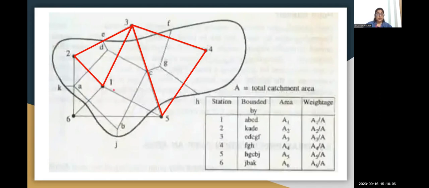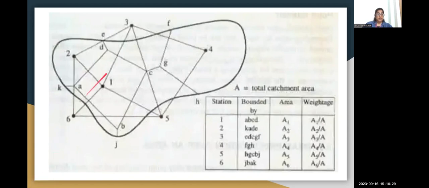So again, saying one more time, the entire basin is considered, along with each of the rain gauge stations. Now you can see stations 3, 6, and 5 are coming outside the drainage basin. So this is again making the results more accurate because it is also taking into consideration the areas adjacent to the drainage basin.